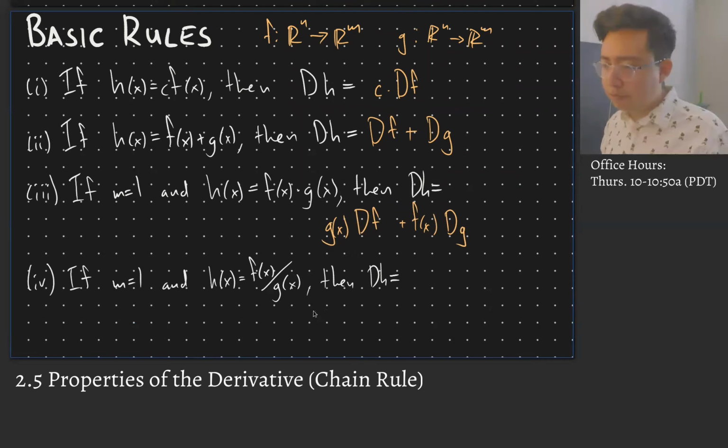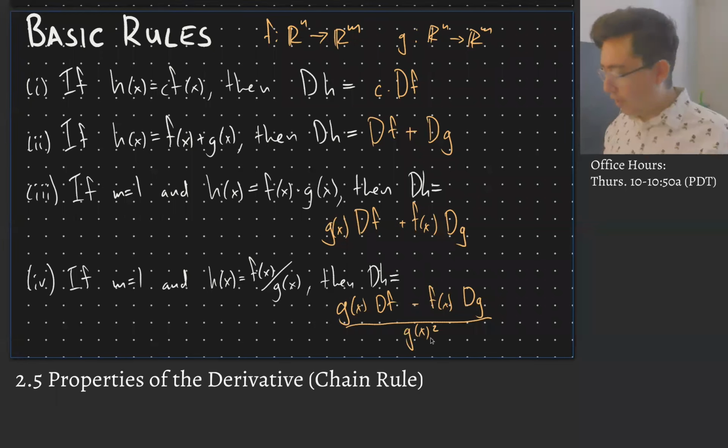So for the quotient rule, we're going to have g of x df plus or minus f of x dg, all of this divided by g squared.